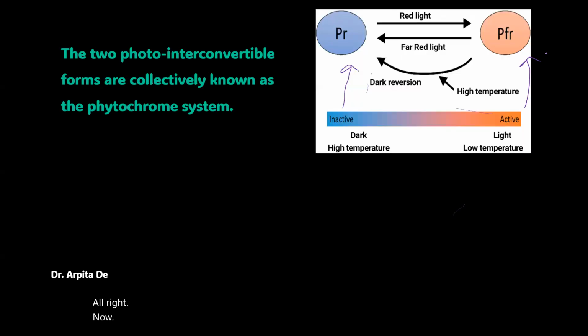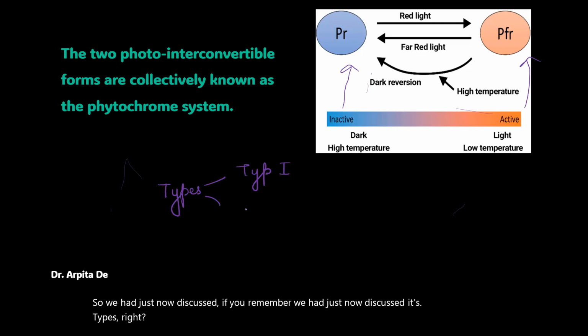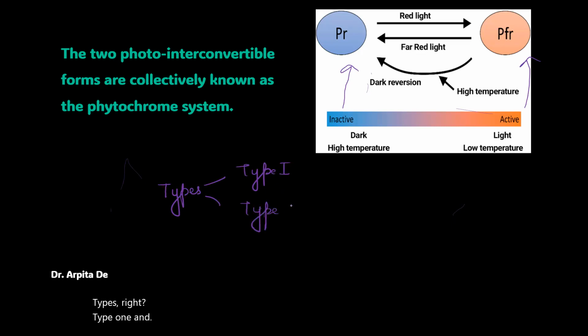Now we'll talk a little about its types. We had just now discussed its types, if you remember. Type 1 and type 2. Type 1 includes what?